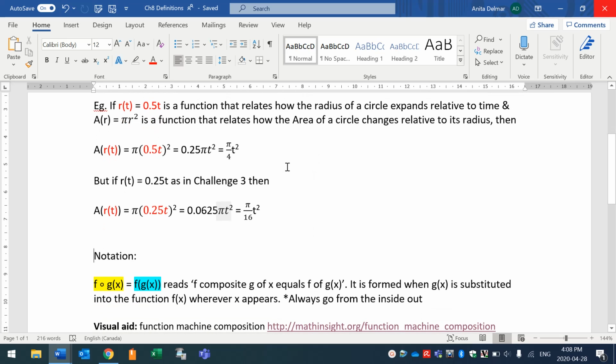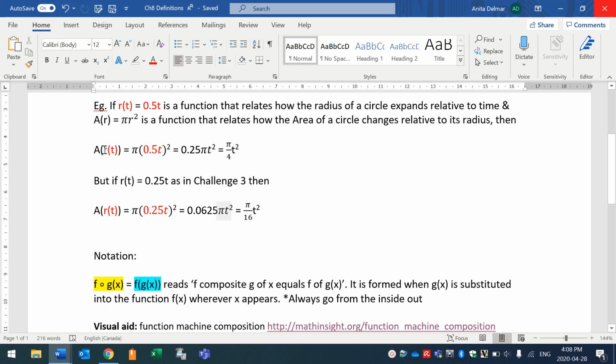So in this example, originally r of t equal to 0.5 t was the function that we were given that relates how the radius of the circle expands relative to time. And we know that the area of the circle depends on its radius and is described by the function pi r squared. So a of r of t means I take the function r of t and I substitute it into a of r wherever there's an r.